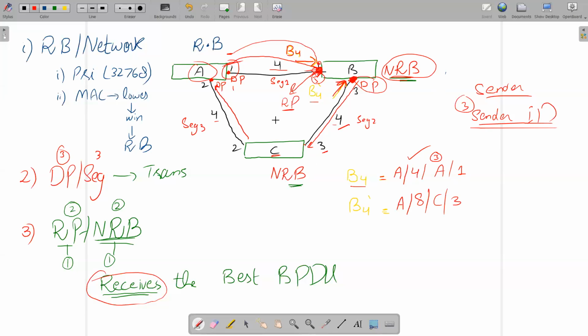And now we have the final case, the ultimate case. We have two non-root bridges in our network, and we have done one only, so another non-root bridge is left. This non-root bridge is receiving the BPDUs from this side and from this side as well, and I'm giving them the names B5 and B5 dash.